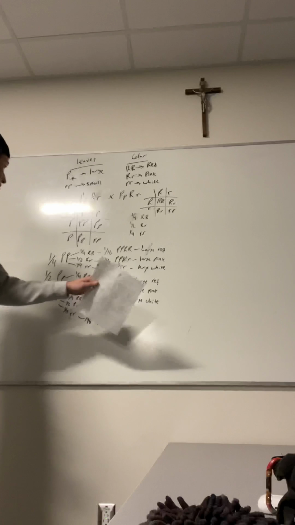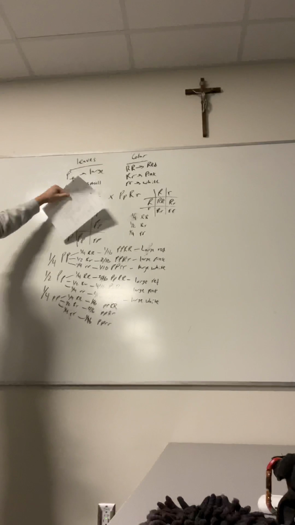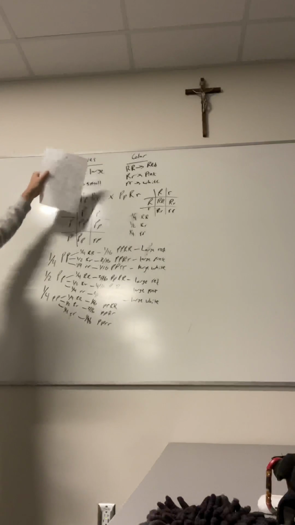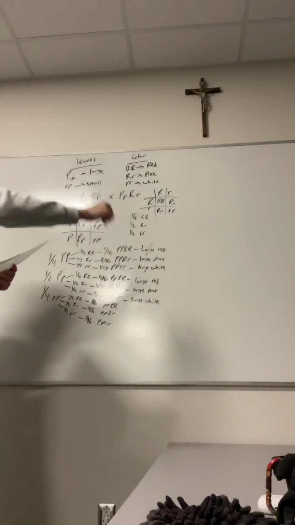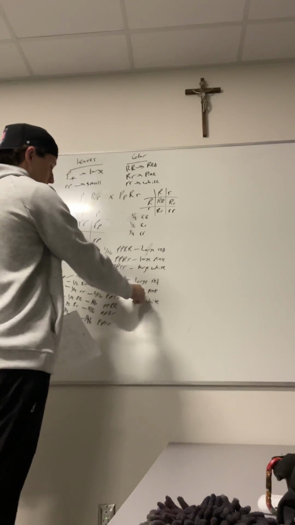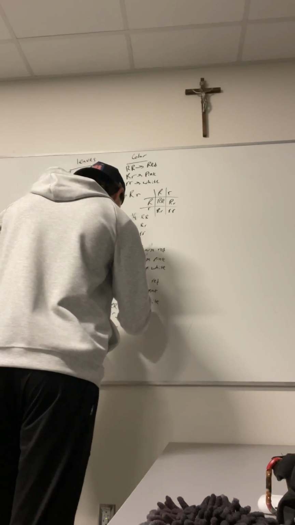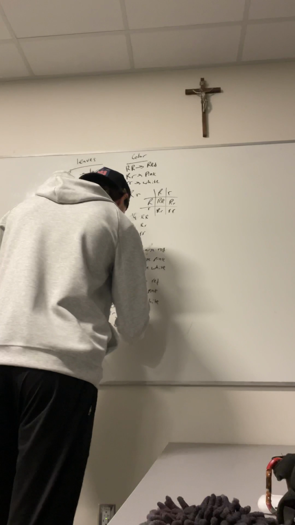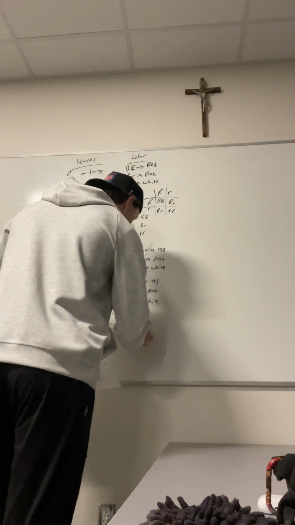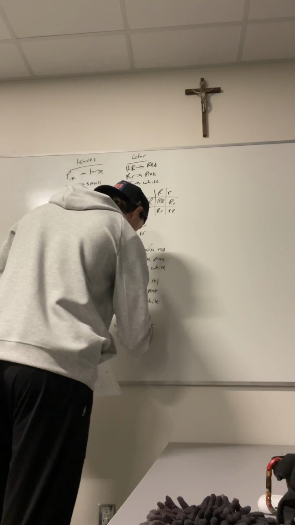This is still large because capital P is dominant over lowercase p. So even if it's heterozygous, you still would see the large leaves because it's not incomplete dominance like the colors. That's why the colors are changing each one, but the leaf size still stays the same. And then the bottom would be small red, small pink, and small white.